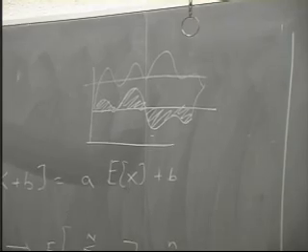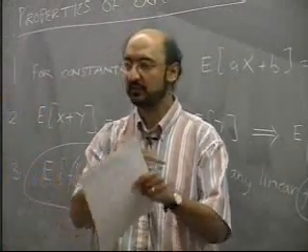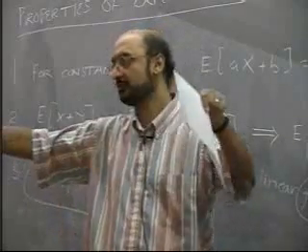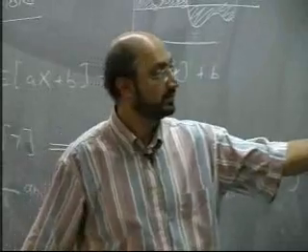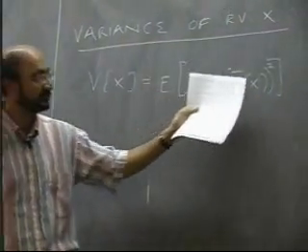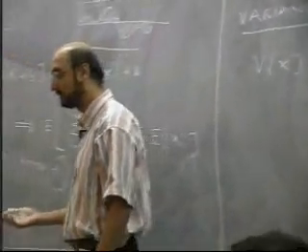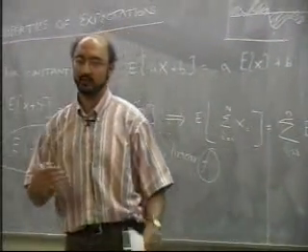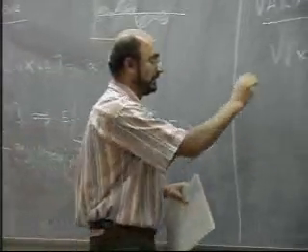And why does it give a measure of variability? Because if you have something that's variable a lot, then the expected value is a constant, where this function varies a lot. And because it varies a lot, the gap between x and its expected value will be large. If that's large, the square is large, and then the variance will be large. So intuitively, if the variance is small, we have a function that's not moving around too much. It stays near its mean.